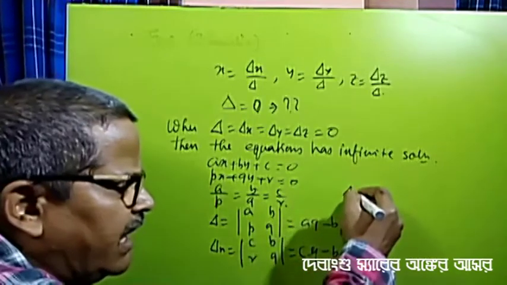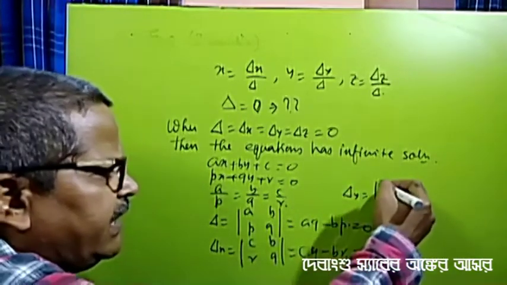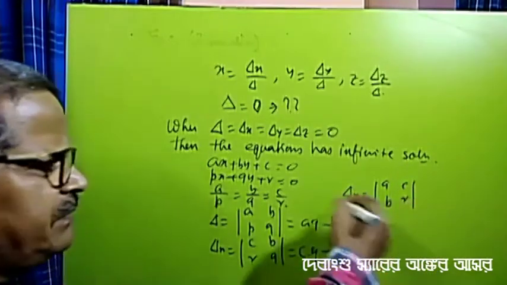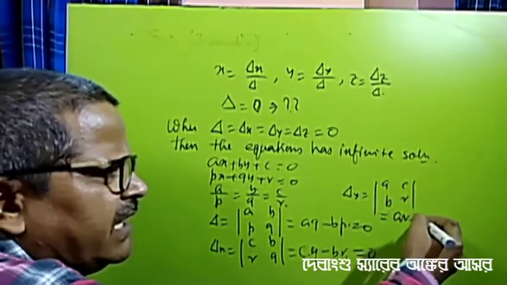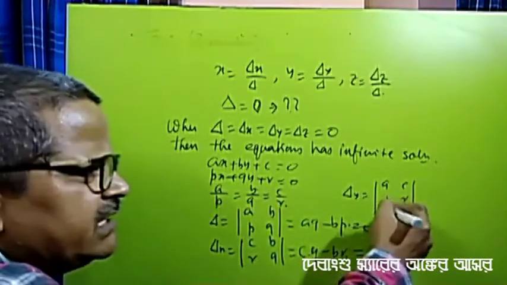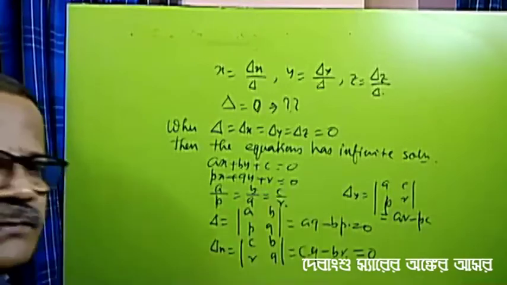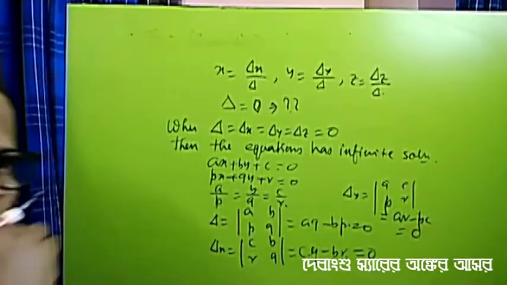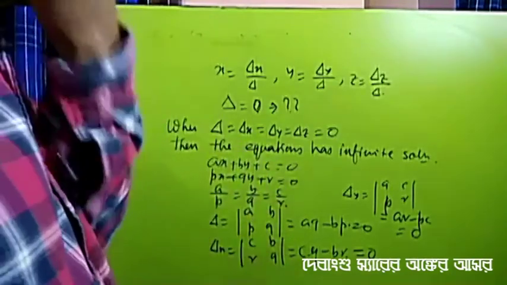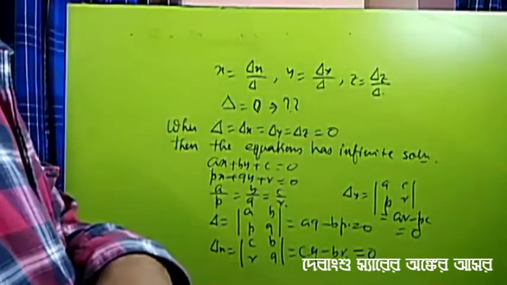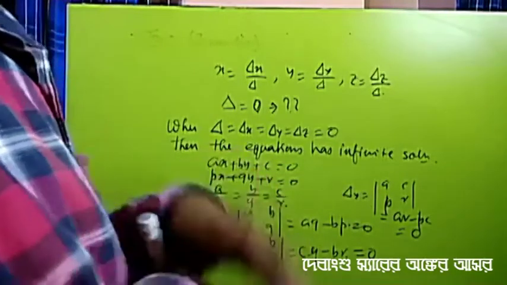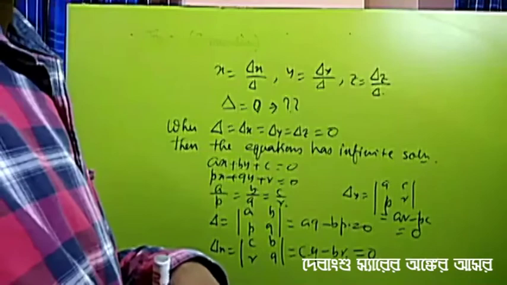Now see, delta y is a, c, p, r, that is ar minus cp. See, ar is equal to pc, so this is also 0. So in class 9, we learned everything about it. When all are 0, delta 0, delta x 0, delta y 0, then it has an infinite number of solutions.